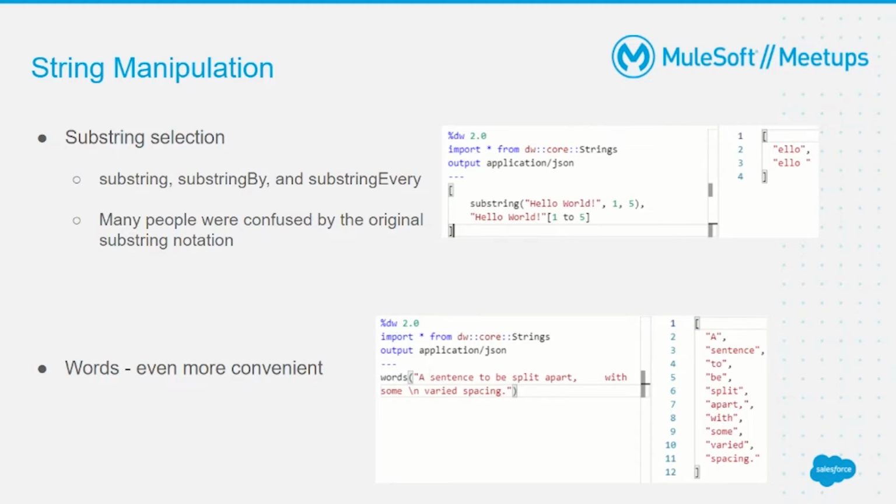And substringEvery splits a string into an array of equally sized strings. So every 3 or every 5, etc. One even more convenient option is the words function, which splits it down into words no matter what the dividers are. The dividers it recognizes are spaces, tabs, and new lines.